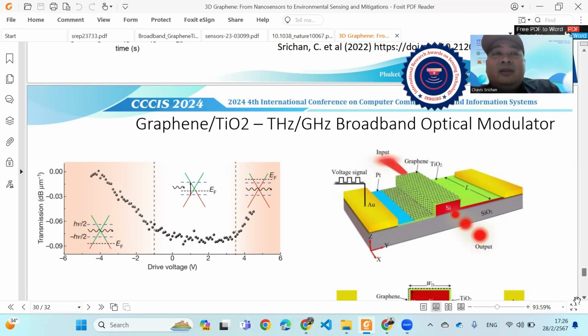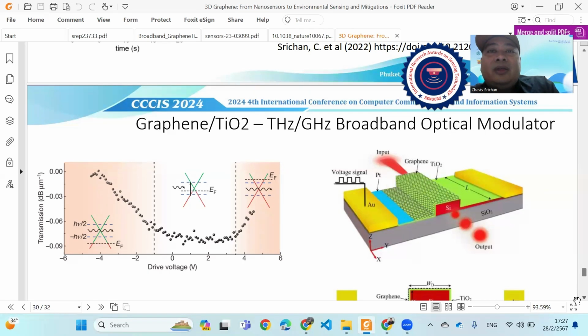If the Fermi energy level is too low, then the light that comes in does not have enough energy to make a transition.